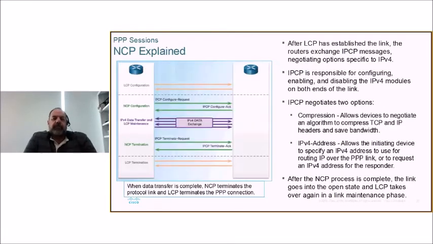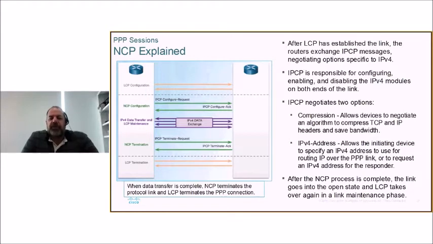Okay, so NCP explained. After LCP has established a link, the routers exchange IPCP messages, negotiating options specific to IPv4. IPCP is responsible for configuring, enabling, and disabling IPv4 modules on both ends of the link. IPCP negotiates two options.